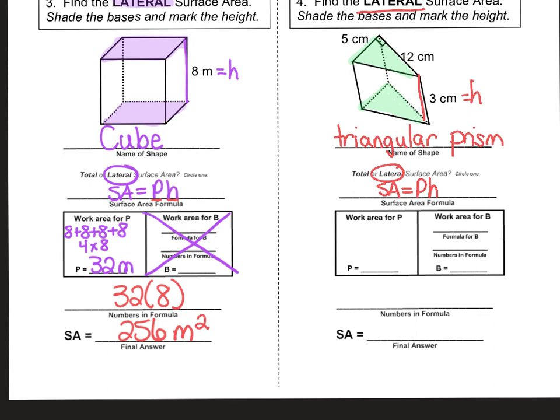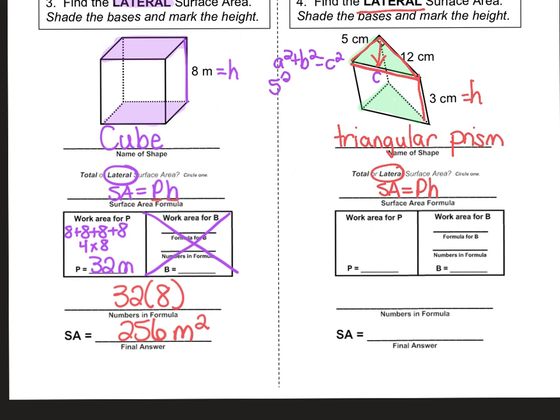And now I want to do the perimeter of this base. Again, just like in a previous problem, I am missing a side length, and it's a right triangle, so I have to use the Pythagorean theorem to find that. Remember that I'm looking for c, so I can plug it into a squared plus b squared equals c squared. A and b are 5 and 12.